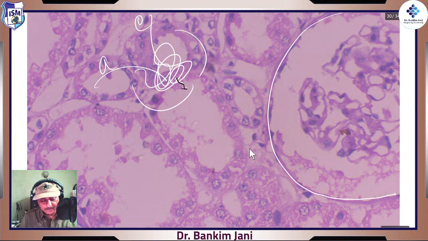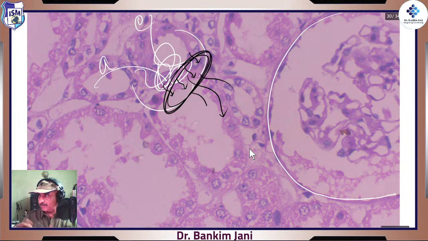That water, right now I'm just taking the example of water. As such, there are many electrolytes that would be passing, and it will go into the tubular system. This is the area where there is active transport.